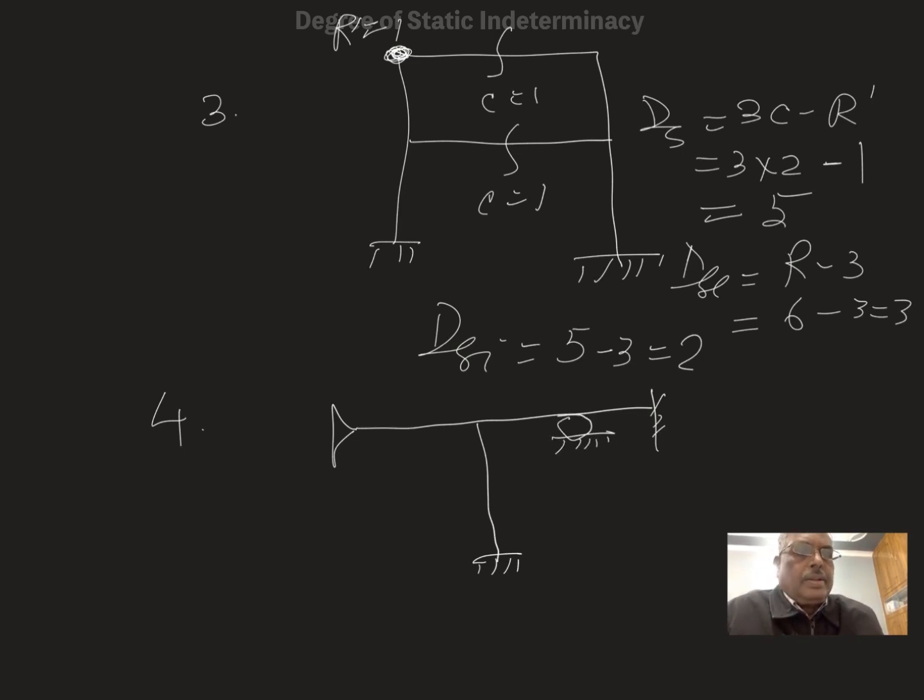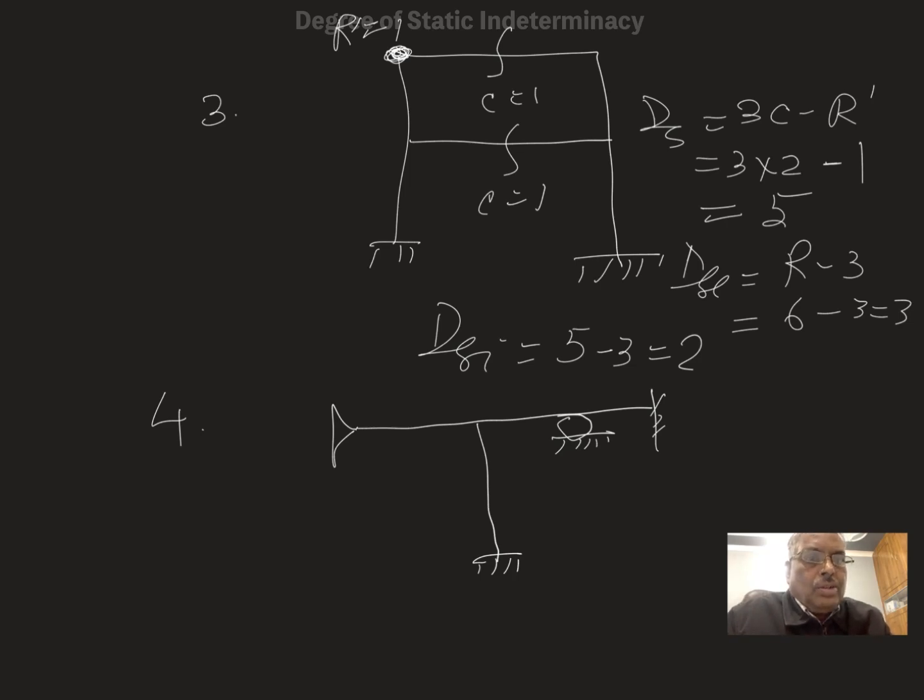This is roller and this is hinge. Now I am going to use the Henderson rule to find out degree of static indeterminacy. So I can first make the non-rigid joints rigid.